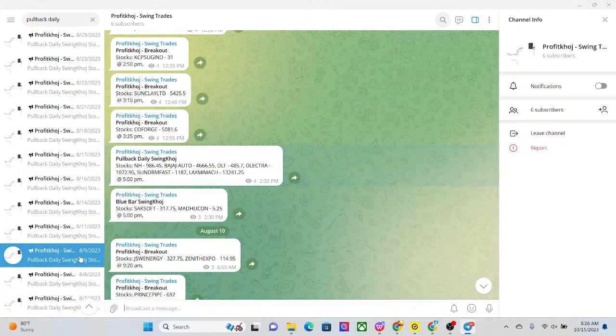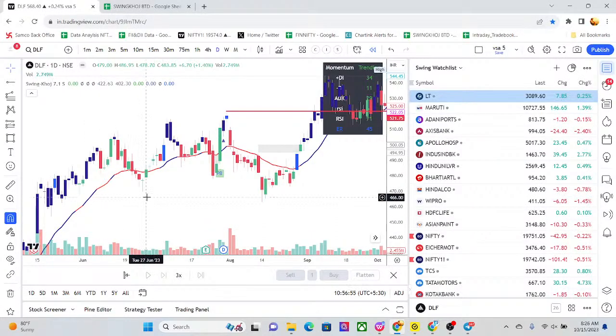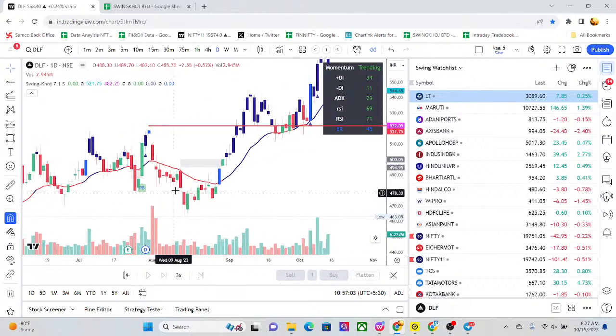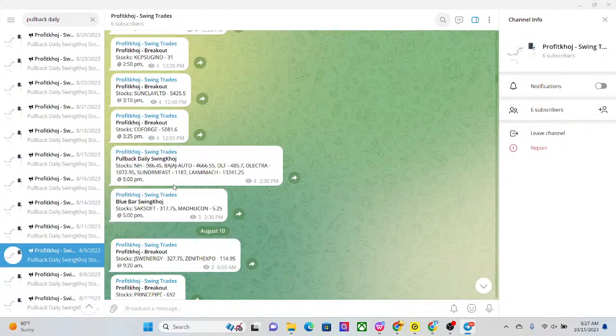Okay, 9th August. We don't have the indication in TradingView, but we have the indication in the Telegram channel, right?